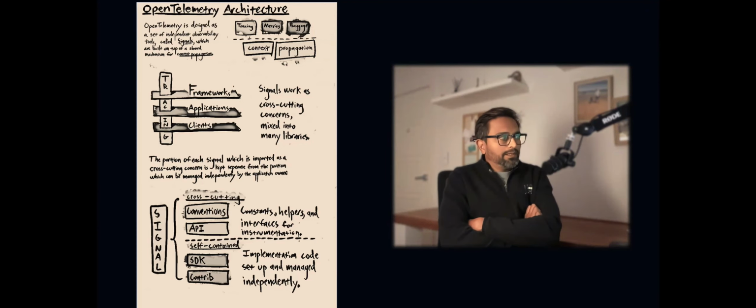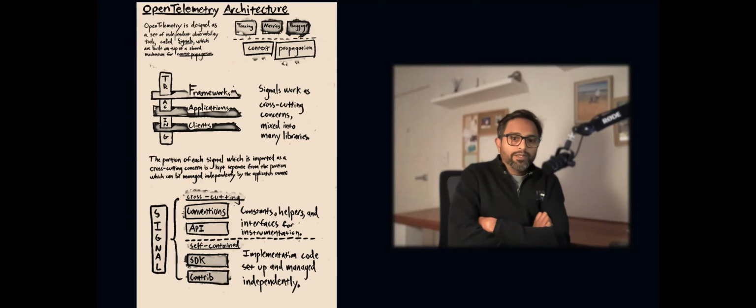So that's basically the OpenTelemetry architecture at a high level. What we are trying to do is mitigate these concerns. It gives flexibility, decoupling, and it avoids code duplication as well. So that's essentially what it does.